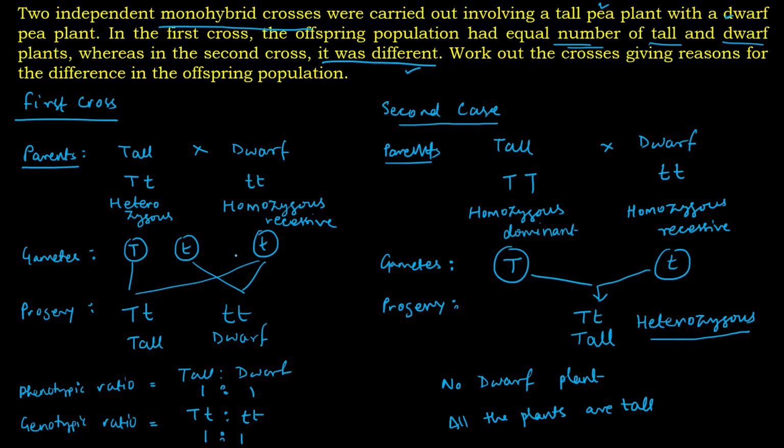Now in this case we are getting only one type of phenotype in the progeny, that is tall plants, which are heterozygous, and there are no dwarf plants. So the ratio of tall to dwarf is only tall and no dwarf. So the numbers of tall and dwarf here are different. That satisfies the question.